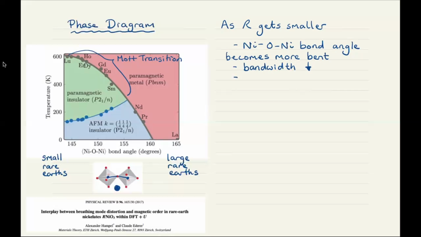As a result of the bandwidth going down, the Coulomb interaction between the electrons becomes relatively more important.